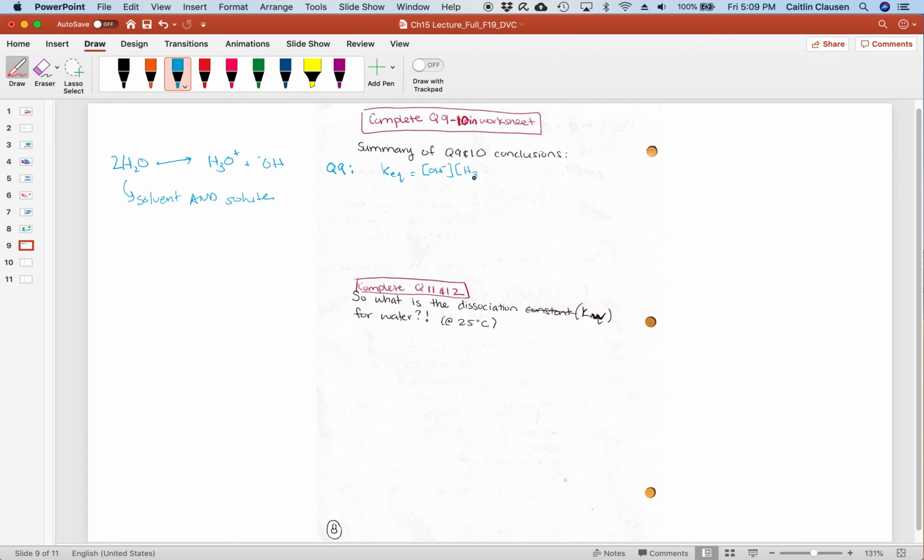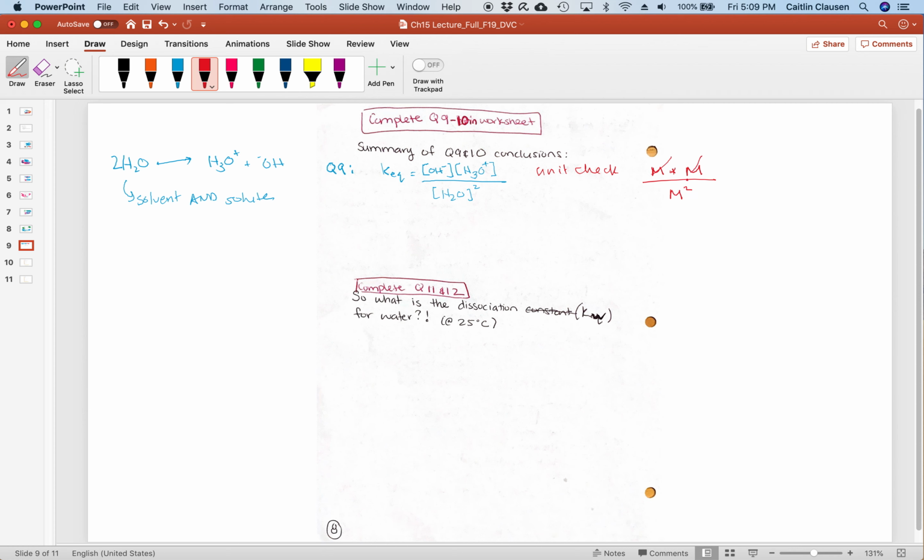If we write an equilibrium constant, the products over reactants raised to the coefficients, we get this. And if we do a unit check, we're talking about concentrations, and we will see we have molar for OH, molar for H3O+, and then divided by molar squared for water.